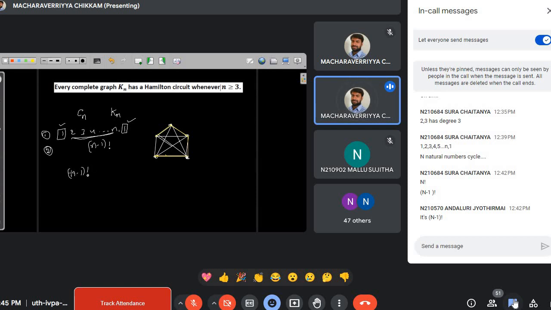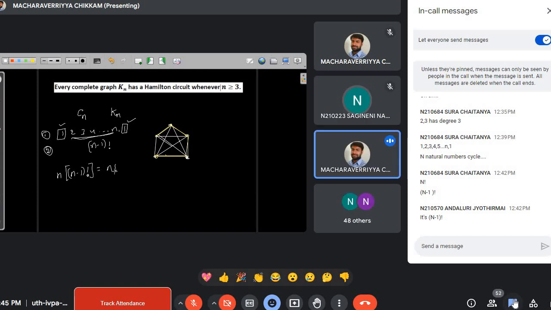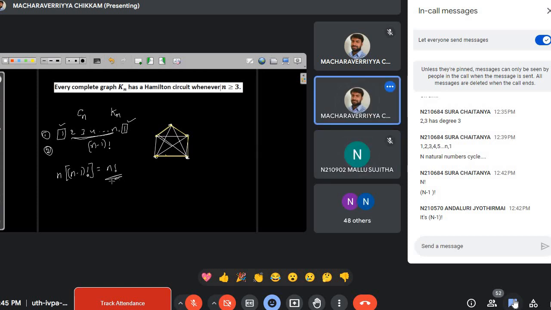So now if we add all of them, then n minus 1 factorial needs to be added. How many times? N times it needs to be added. Therefore, n into n minus 1 factorial, that is n factorial. So this is the answer for the number of Hamilton circuits starting at any point or at a fixed point.